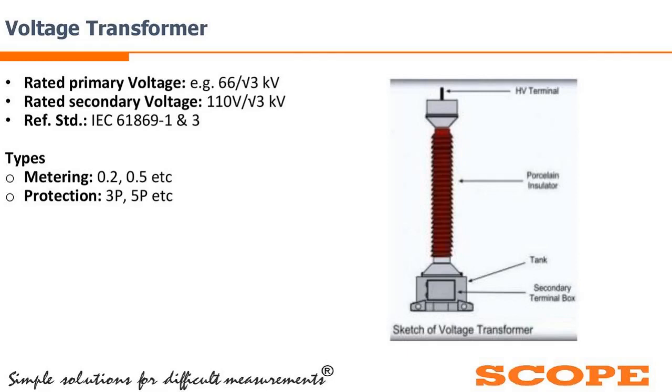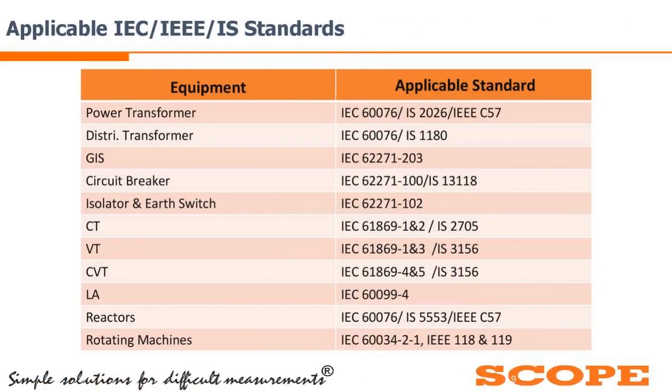There are also two types. For metering purposes, 0.2 and 0.5 class voltage transformers are there, and for protection, 3P and 5P voltage transformers are there. Next, this is for your reference and information. I have mentioned different equipment and applicable standards here.